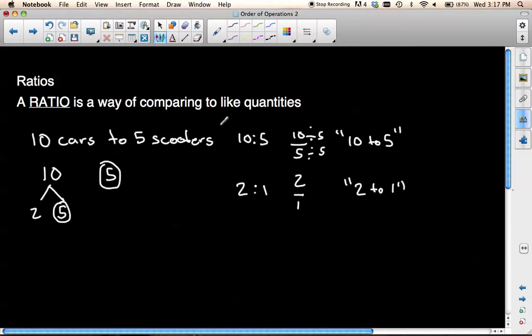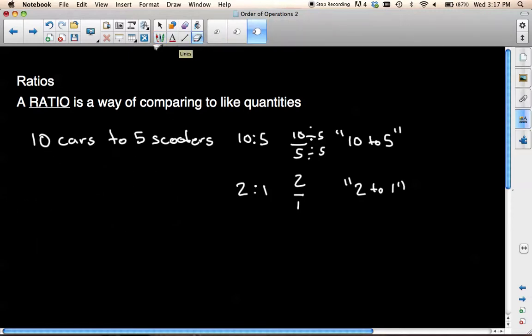So for every 10 cars, I have 5 scooters. Now, what if I want to know how many scooters I had to cars? Well, my ratio would be flipped, for scooters to cars. So I would have 5 scooters to every 10 cars.